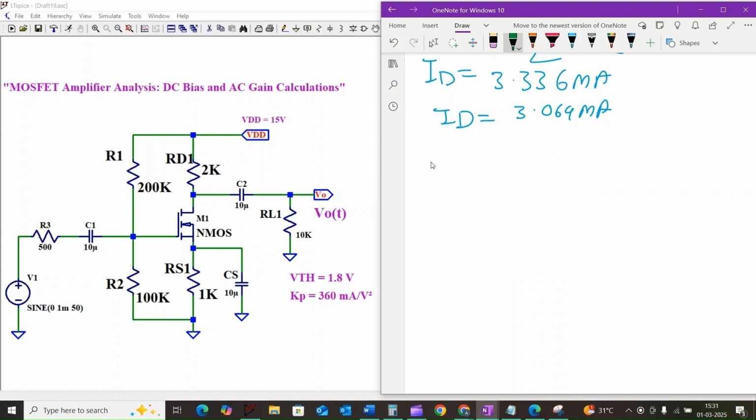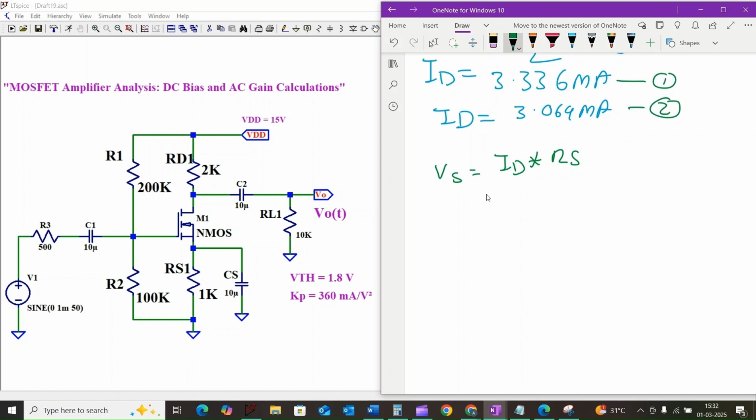And we have already discussed that VS is equal to ID into RS. For example, if you consider this as one value of ID and this as another value of ID, if you consider 3.336 milliamps into 1 kilo ohm, we will get VS as 3.336 volt.